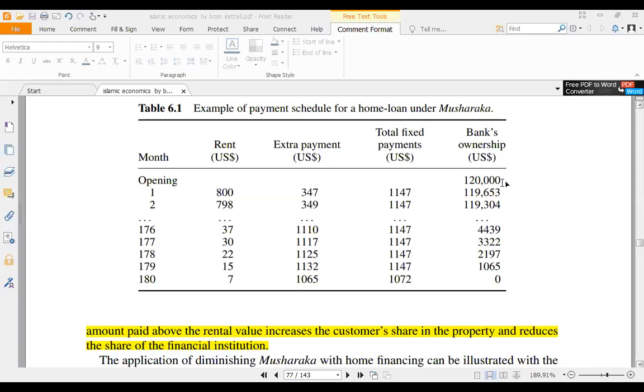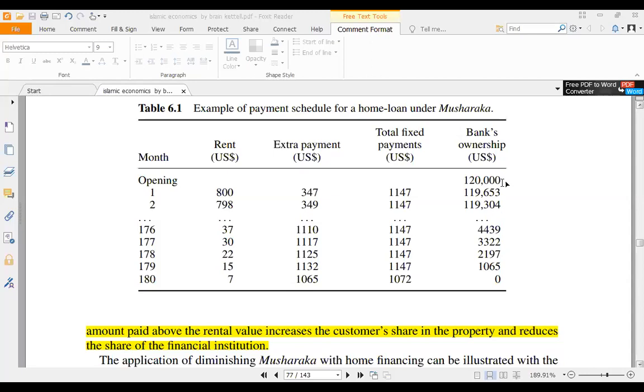1,50,000 means now the actual ownership of the bank is 1,20,000 dollars.